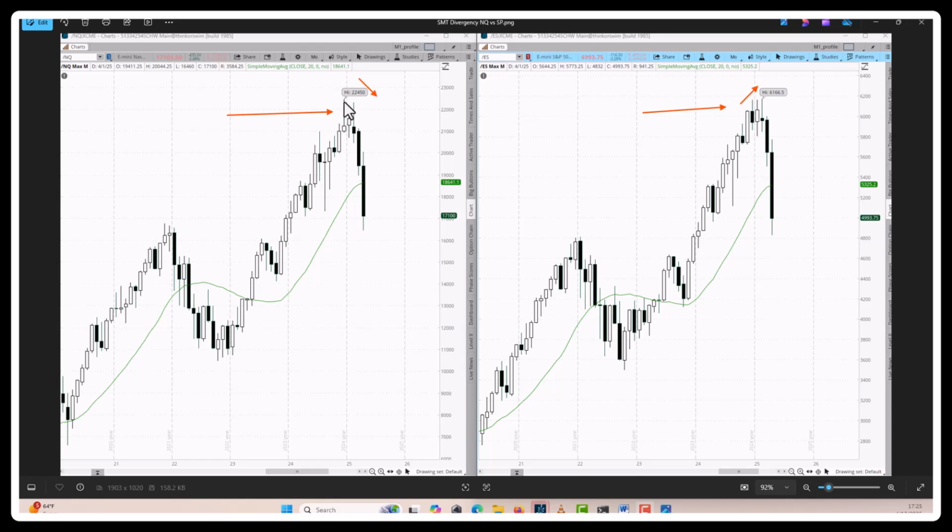You can see that the NASDAQ makes the high of the year in December, but then you have January and February. On February, look right here, on the NASDAQ it makes a low, but for the S&P it makes a higher low in February. You see that? That signals to us that the divergence or the reversal is in place.